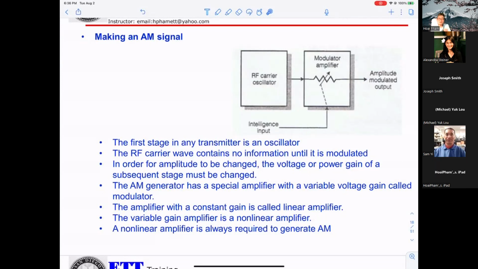Now, what have you been learning in electronics? Transistor, operational amplifier, JFET, you can see they have an amplifier. CCCB amplifier, okay?